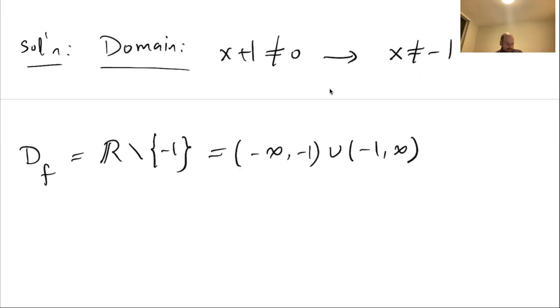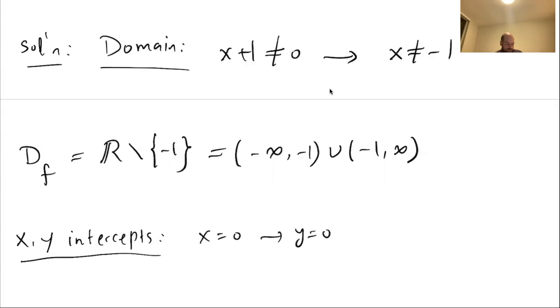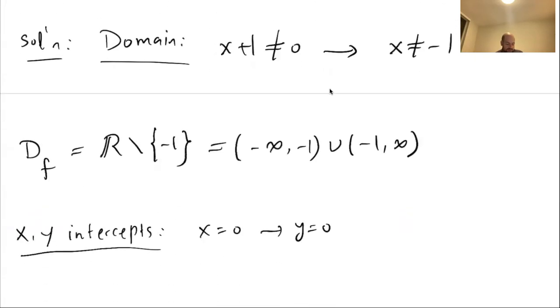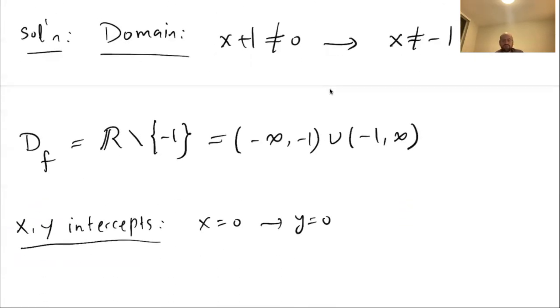And for x and y intercepts, if I replace x with 0, y will be 0, right? Which is both x and y intercept at the origin. So the function passes through the origin, which means both x and y intercept.